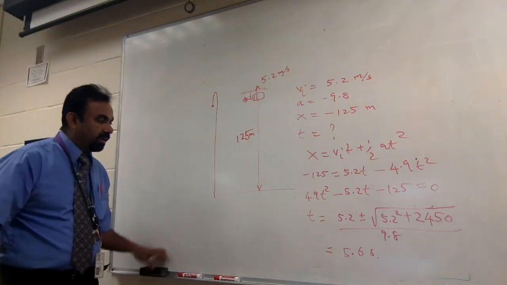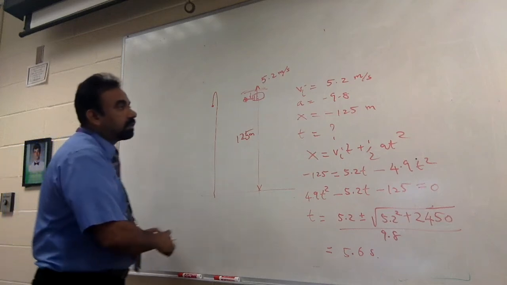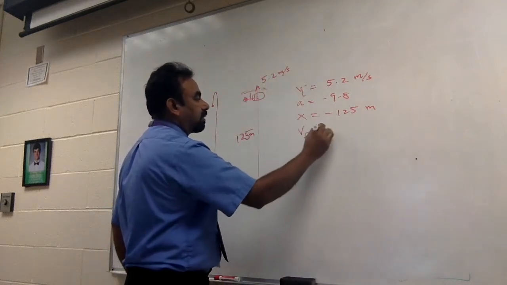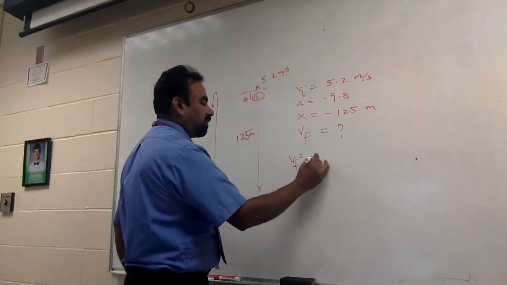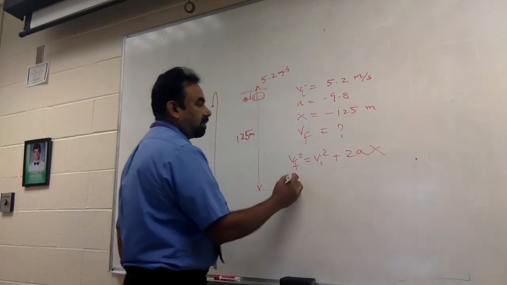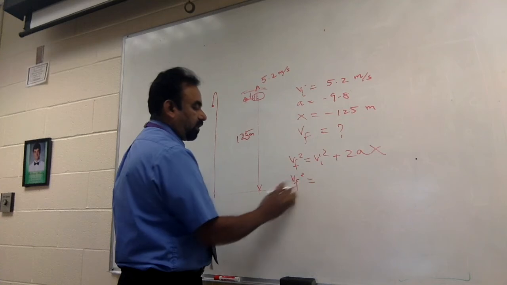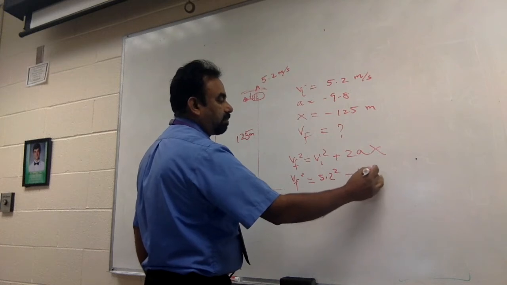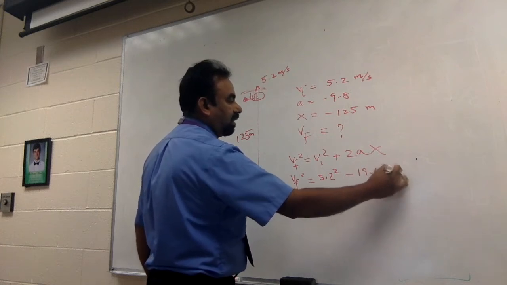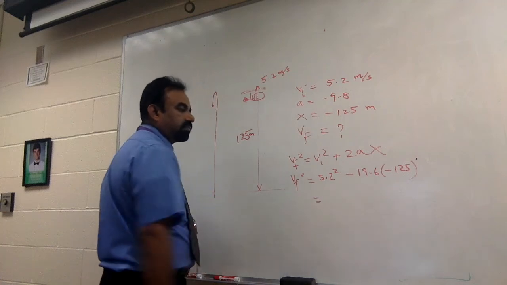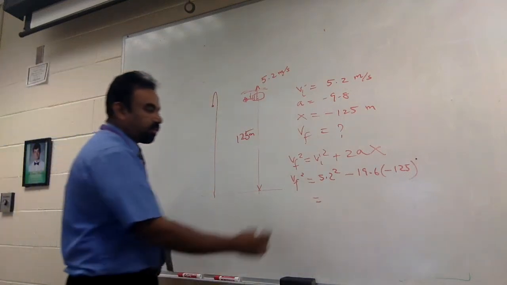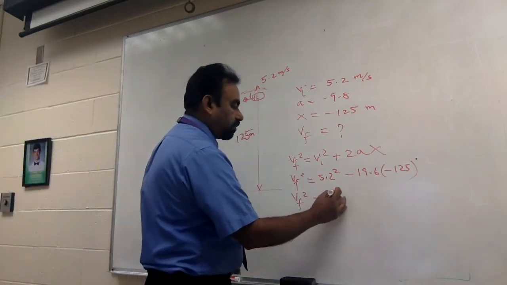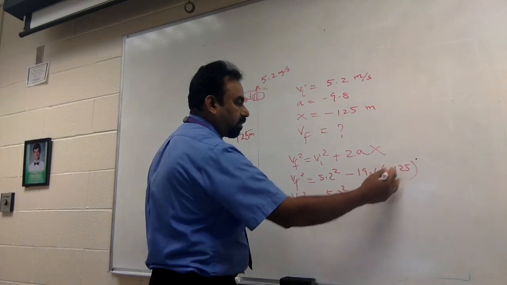So Vf squared is equal to 5.2 squared minus 19.6 times negative 125. So Vf squared will be equal to 5.2 squared plus the product of these two.